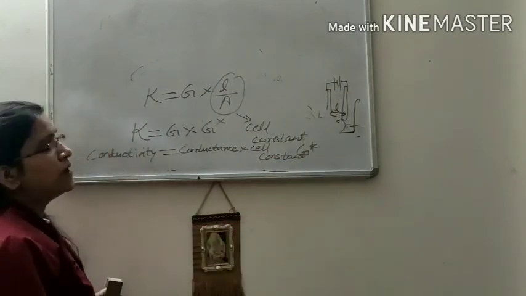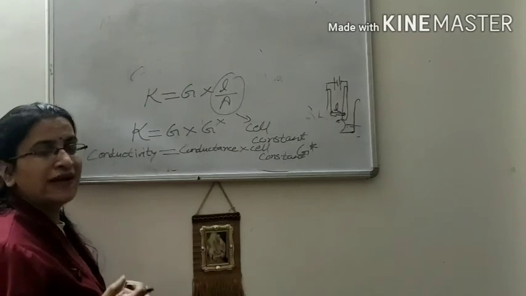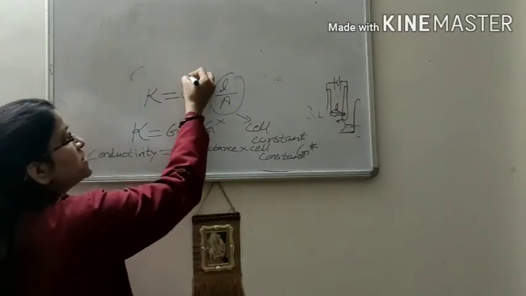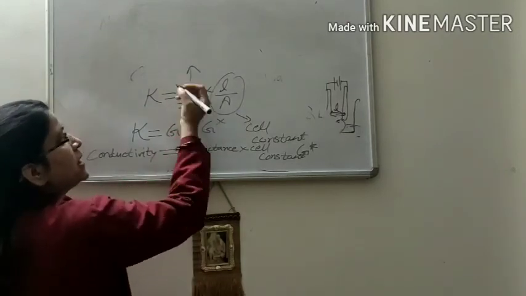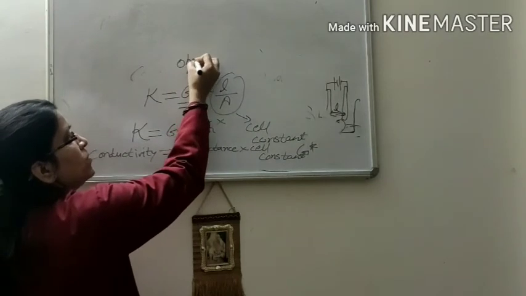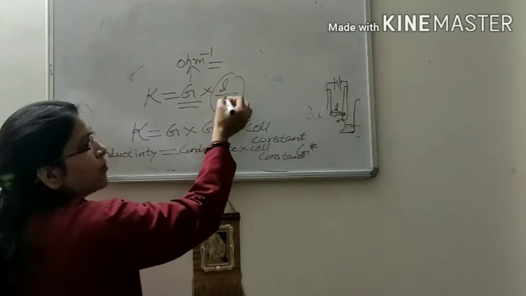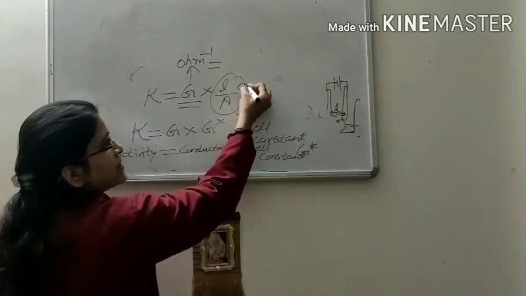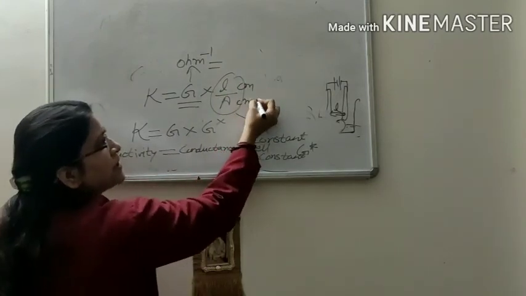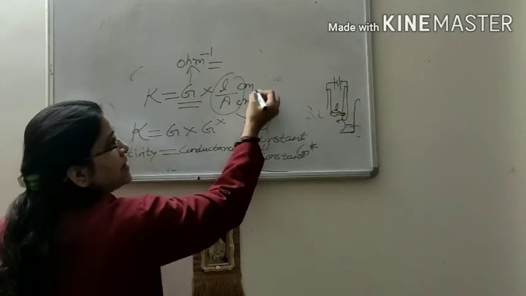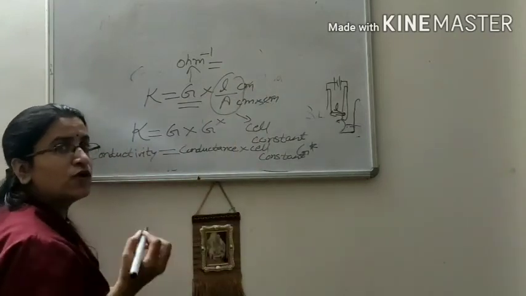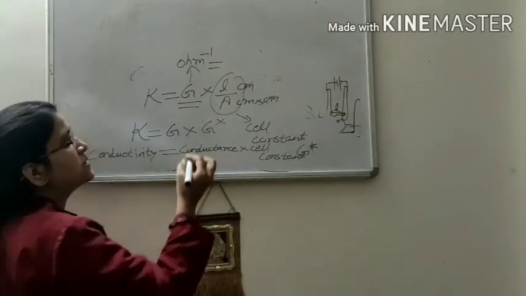Clear? Now suppose you want to calculate its unit. What is the unit of conductance? The answer is ohm inverse. And this is L upon A. So if it is centimeter over centimeter square, this centimeter cancels. What you get is centimeter inverse.